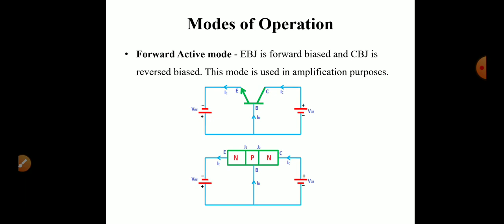For forward biasing the emitter base junction, the emitter is N-type semiconductor, so it is connected to the negative terminal of the battery. For reverse biasing the base collector junction, the collector is N-type, and the positive terminal of the battery is connected to the collector region. This is how the biasing is done in forward active mode.